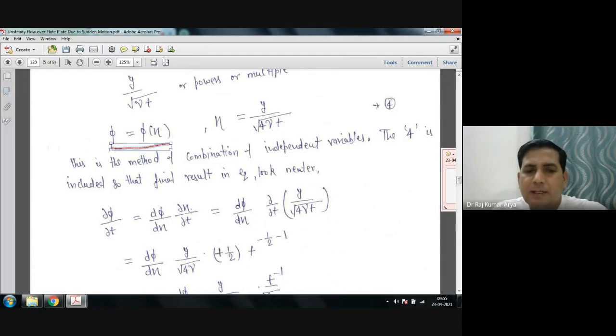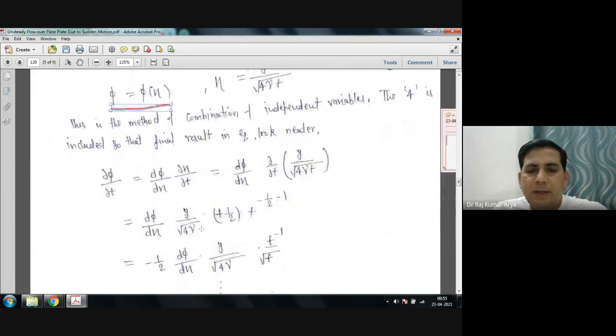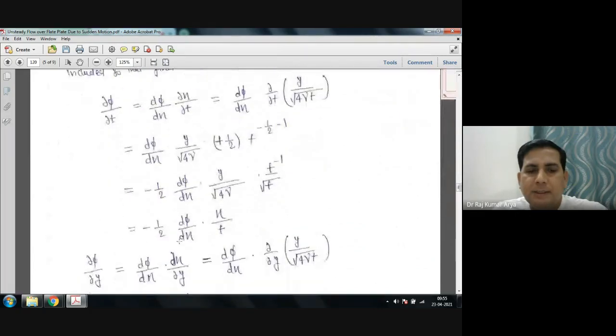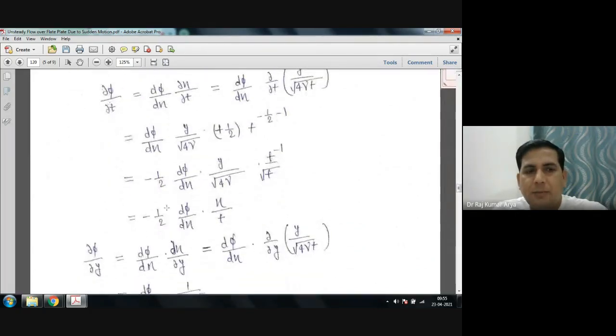If you substitute the expression of eta, that y upon under root of 4 nu t, and differentiate this, finally you end up with del phi upon del t coming out to be 1 by 2 d phi upon d eta, eta upon t, correct?